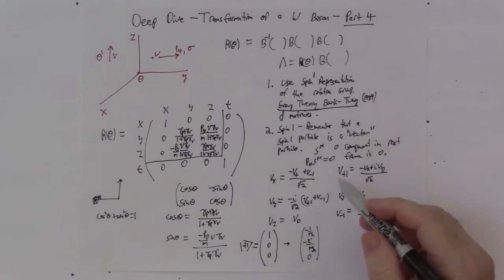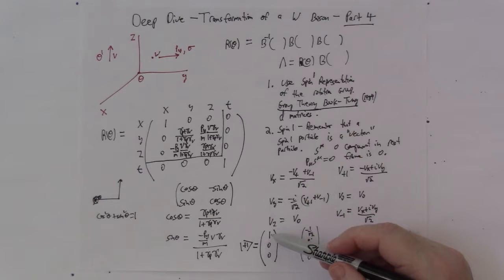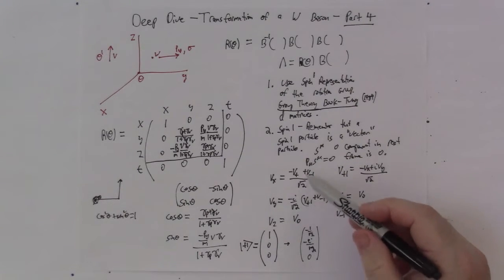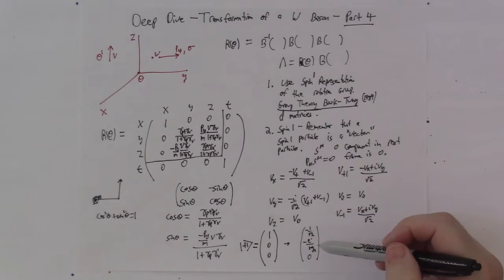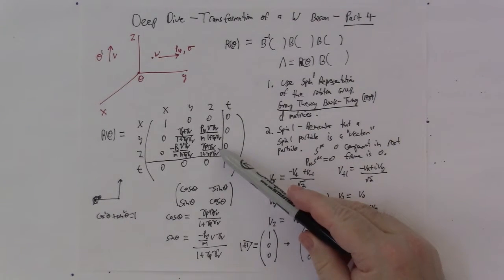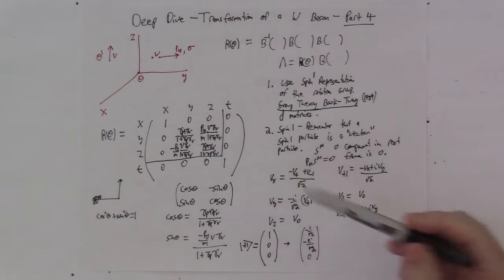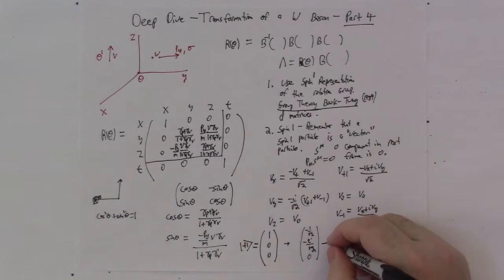Just using these transformations. Here we have v plus 1 is 1 and minus 1 and 0 are 0. So you plug in here and you get the Cartesian components. Now you multiply by this matrix and you'll get some other components.